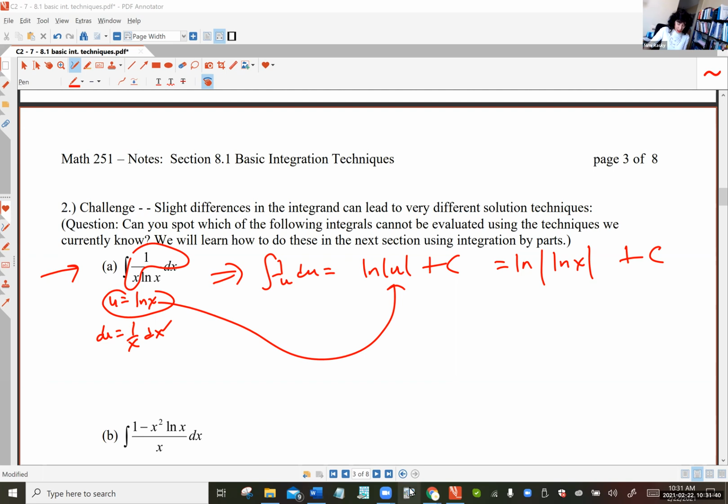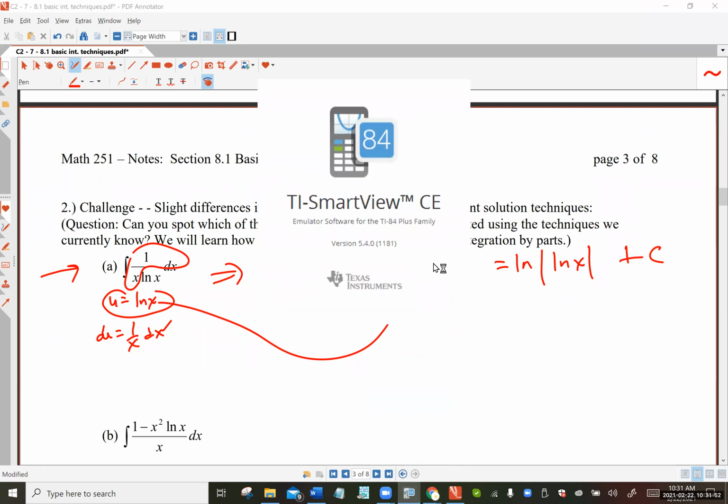Well, let's whip out a calculator. I'm just curious. Could I take ln of 2, for example? Would the calculator let me do it? Or ln of 10? If it's not legal, you'll see an error on your calculator. It'll get very unhappy with you when you punch in a number.